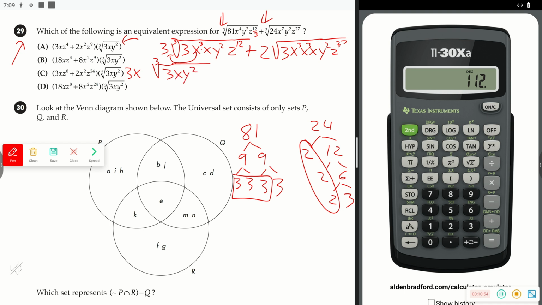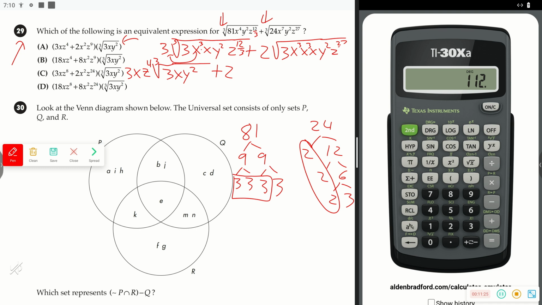And then for the z term, it's 12 divided by 3 to pull it out. So this is actually going to be z to the 4th, like that. And then we're going to do plus 2. I'm going to put a line through that z to make sure that we know that it's a z, because my 2's and z's are looking similar. All right, plus 2.